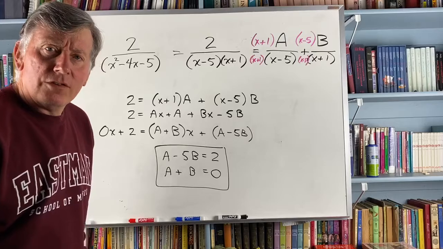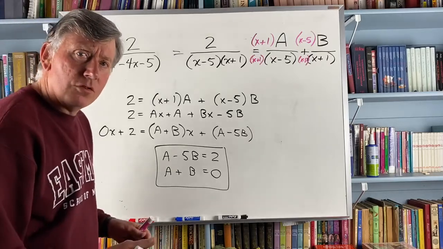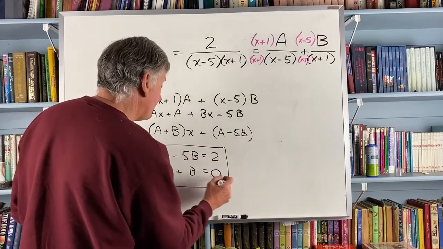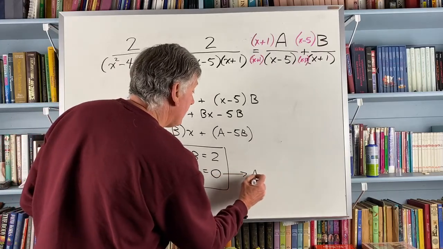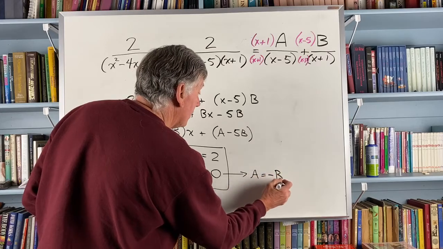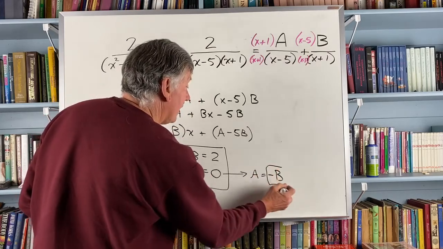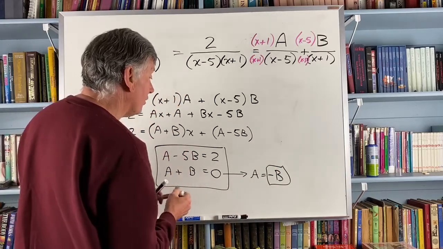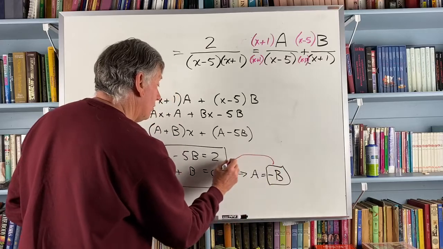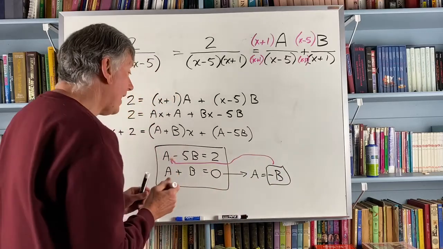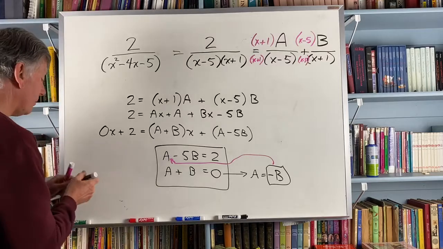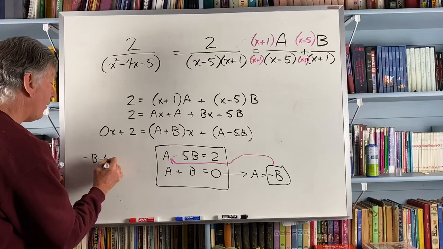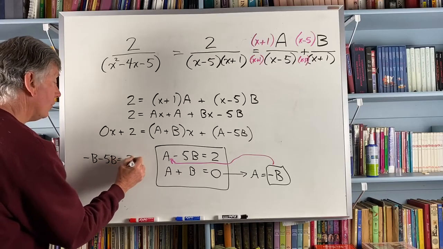Why not just use substitution? It's pretty easy here. I'm going to say this gives me that A is equal to negative B. So I'm going to put negative B in this first equation where I see A. That tells me that minus B minus 5B is equal to 2.